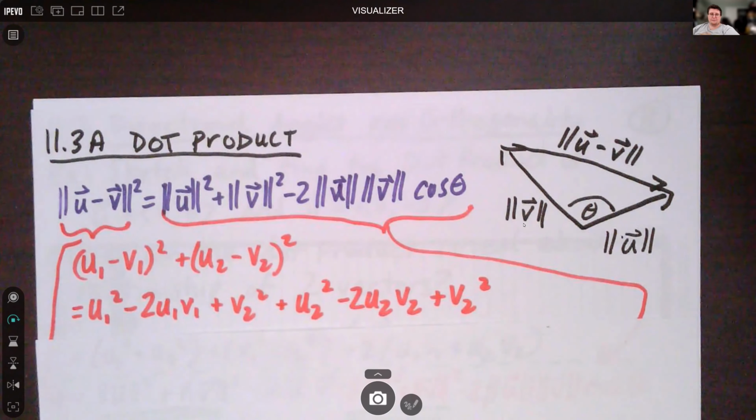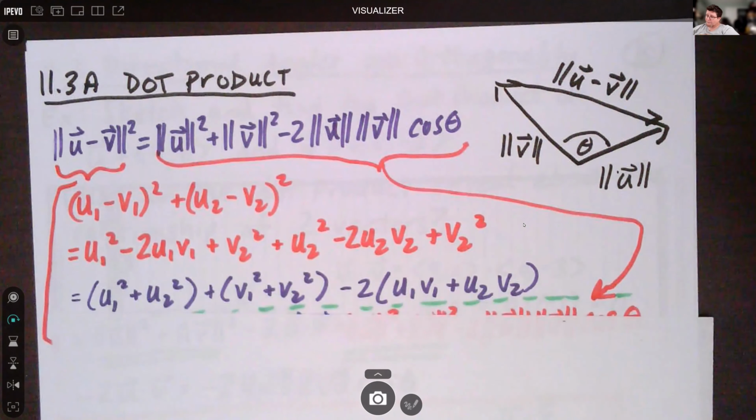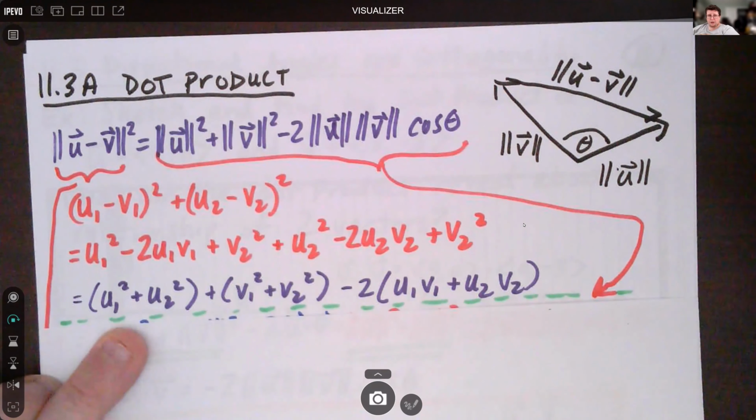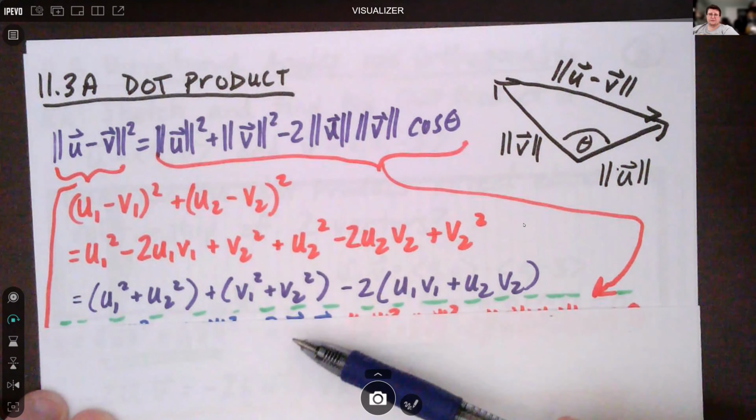That algebra stuff has come back and it's nasty with all the subscripts and superscripts. But it's there. If I look at the right side, I've got the norm of u squared is u1 squared plus u2 squared. I've got the norm of v squared is v1 squared plus v2 squared.